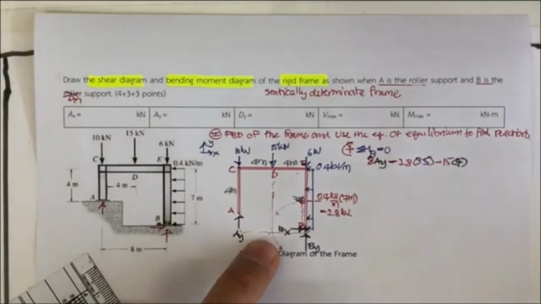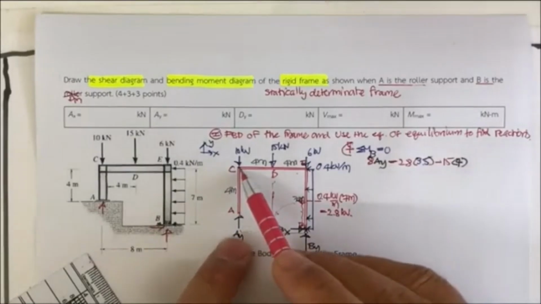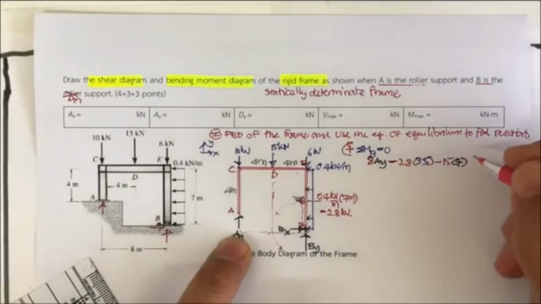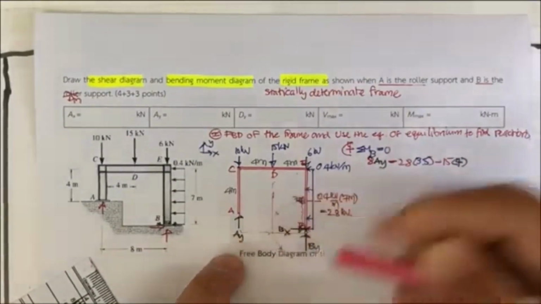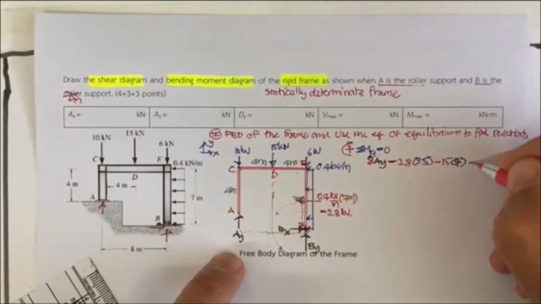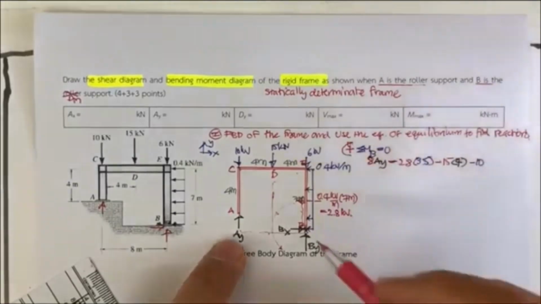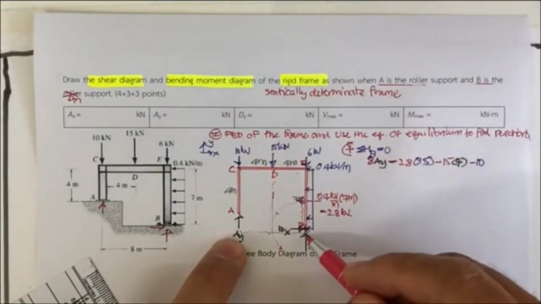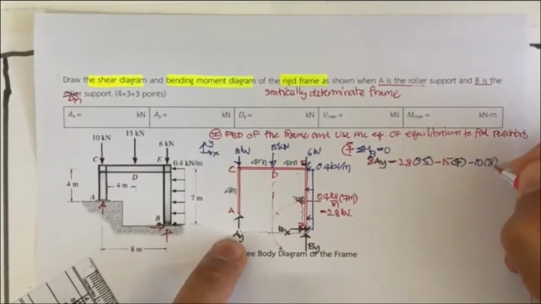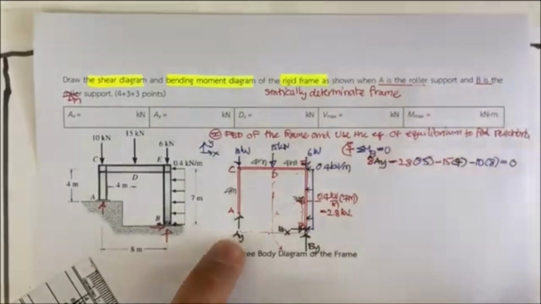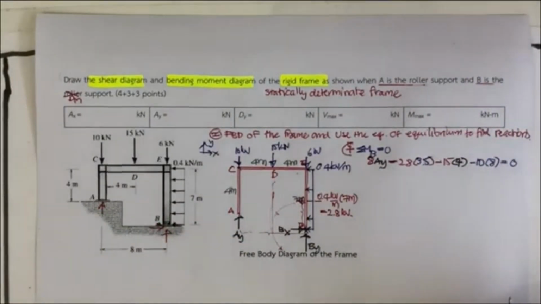And then the last one is the 10 kilonewton. The 10 is also opposite to A sub Y, so it's minus 10, and the moment arm here is 8, so it's times 8, and all are equal to 0.